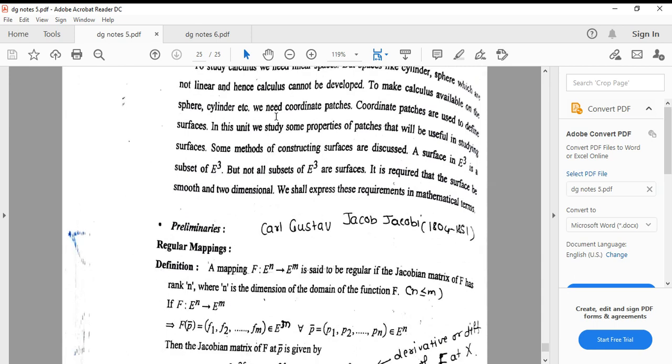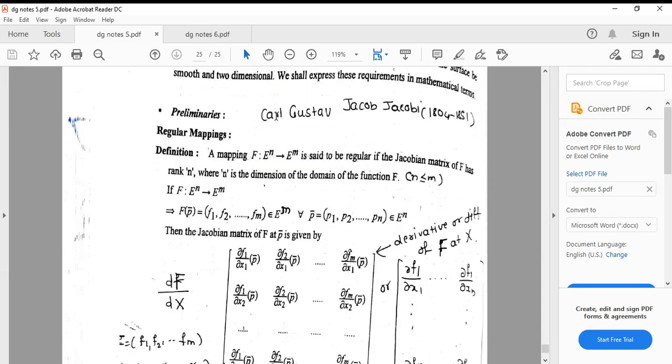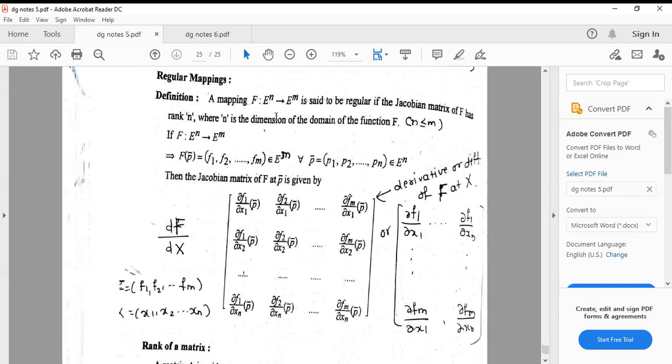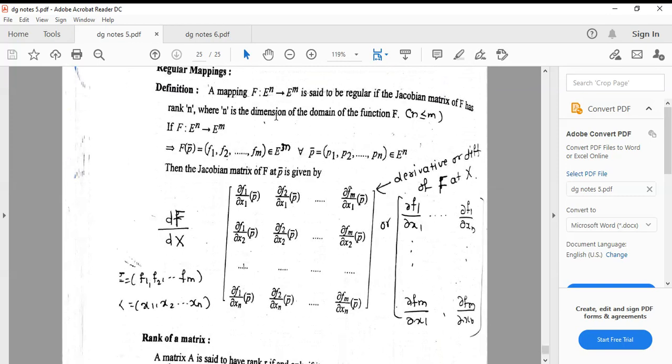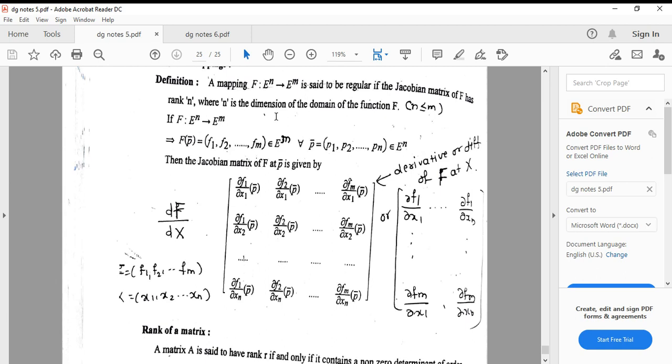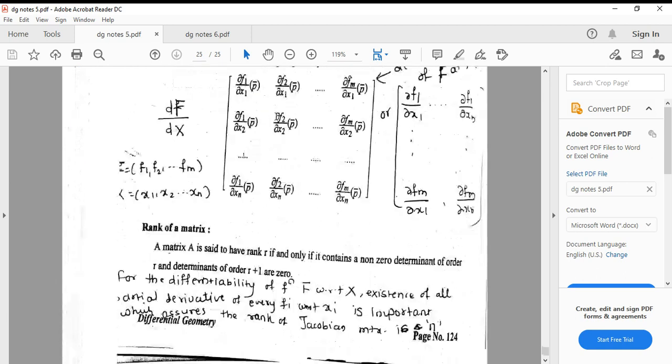For that, I have shared one lecture on the Jacobian matrix in our Google Classroom. Just see that, so that you can understand why we have introduced the concept of the Jacobian. Before knowing the Jacobian, you should know what an implicit function is, what an explicit function is, when you find a Jacobian matrix, and why we need it.